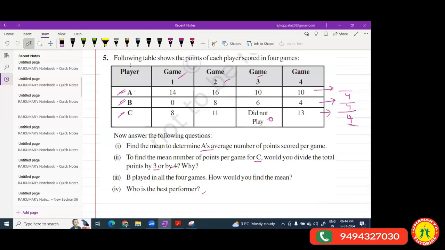You just divide and tell me. Sometimes the mean will come in points. After adding, you should divide. If cancellation is possible, you can cancel it. Otherwise, you just divide and tell me the answer.